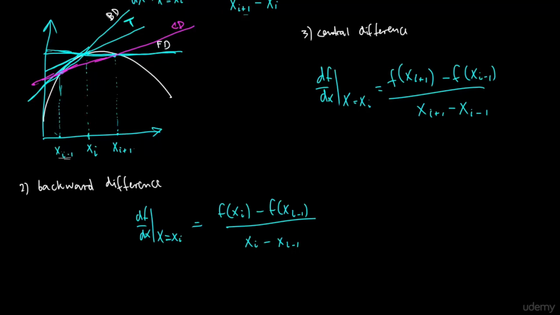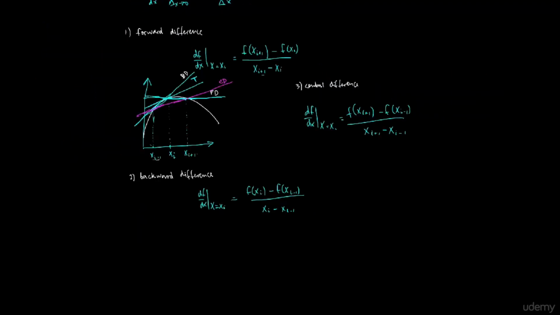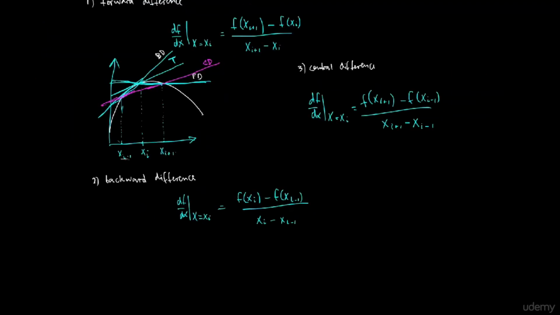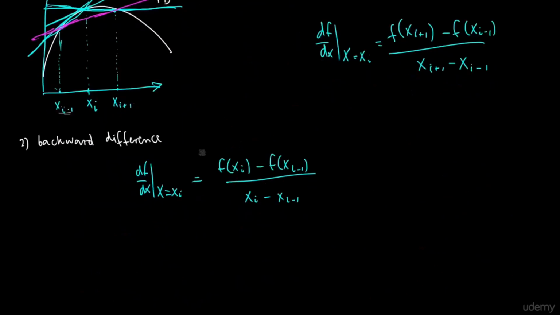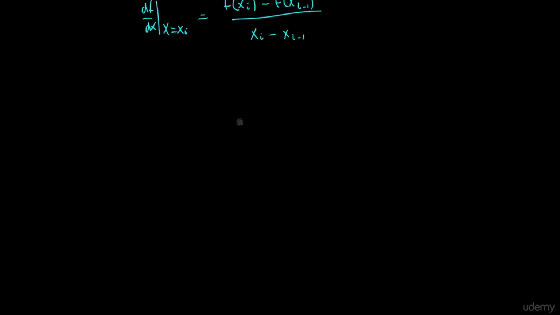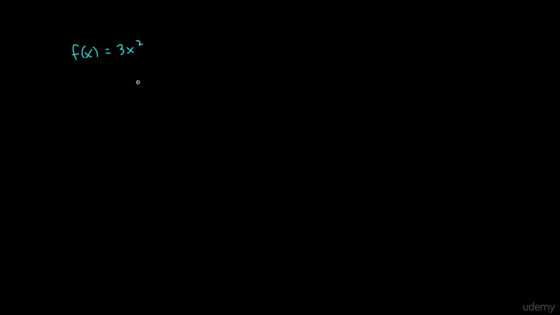Now let's actually look at an example where we calculate these differences for a set of particular values, particular functions, and let's see what we get when we plug those in. So we're going to assume that we have the following function. f of x equals 3x squared.